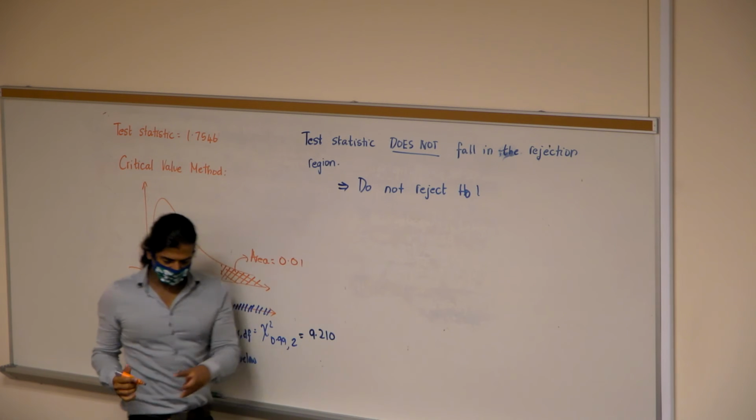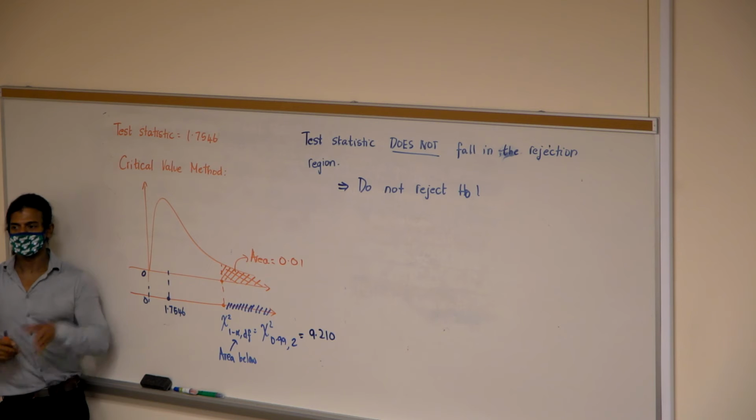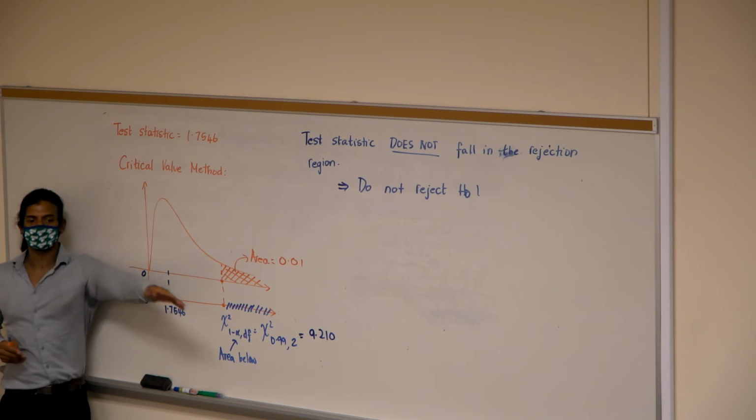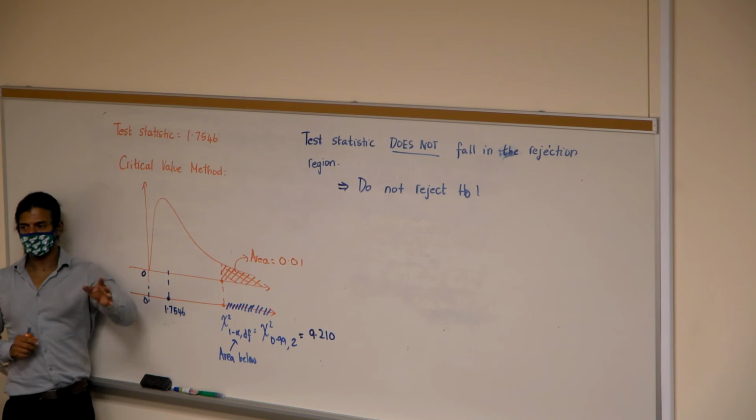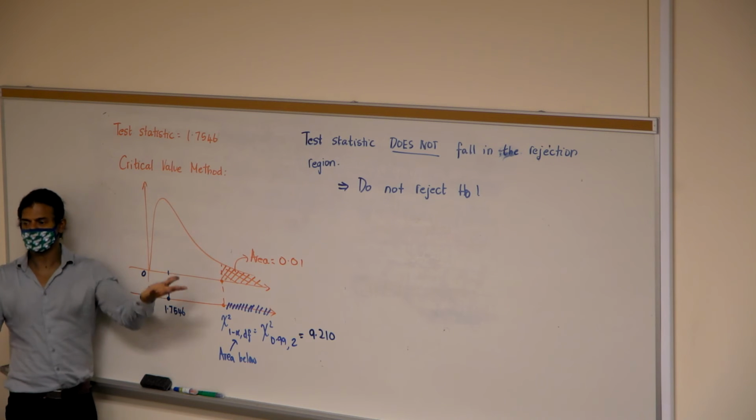If we do not reject the null, what is our conclusion? Is the effectiveness homogeneous across the therapies, or are they different? You can look at the null. They're the same.